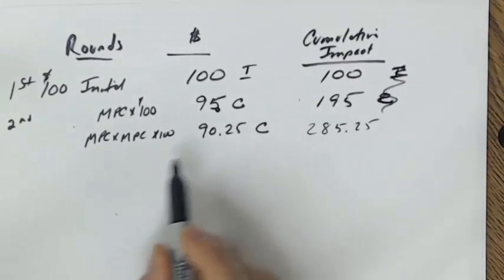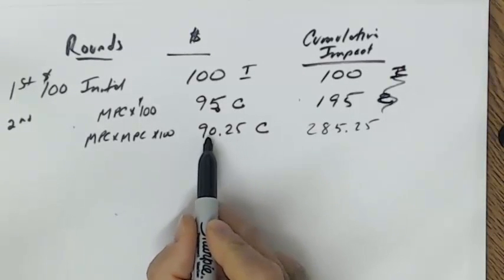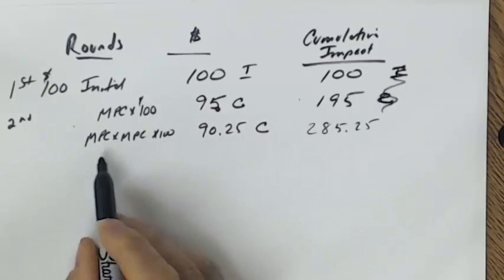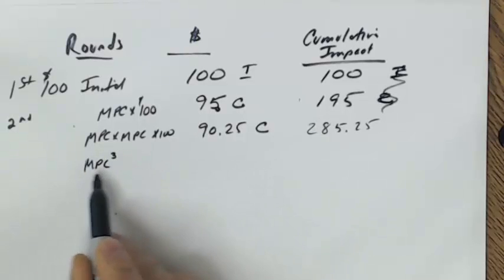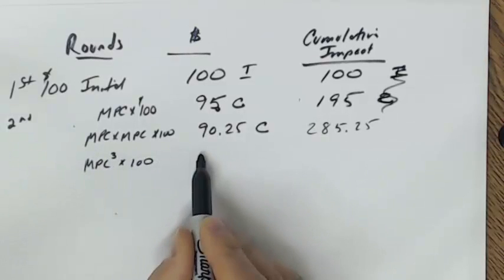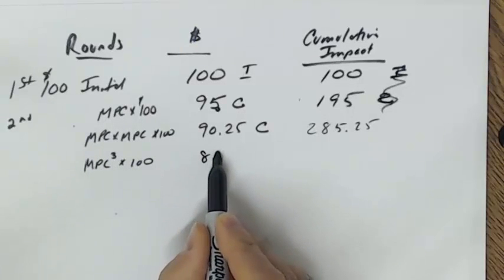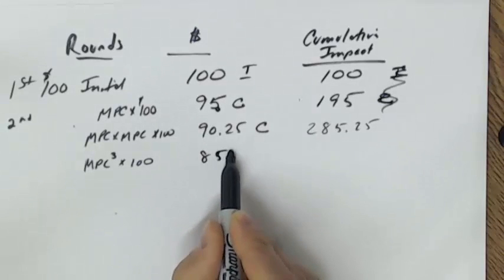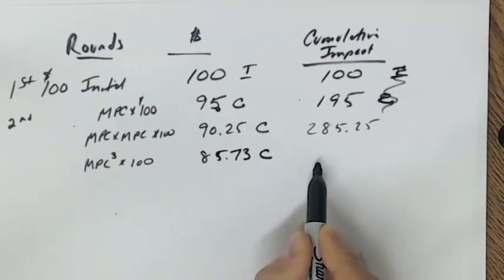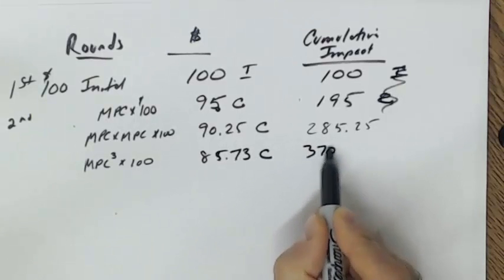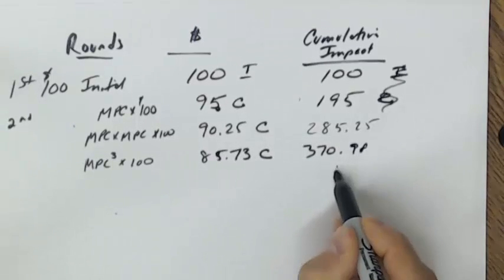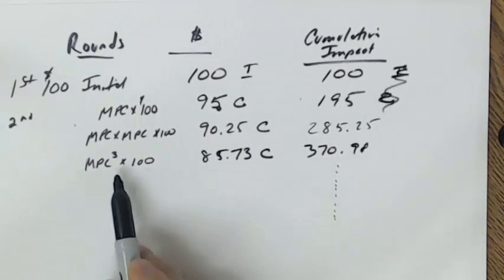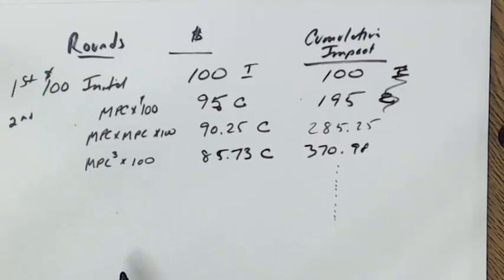Then it continues. 95% of this number gets spent on the next round, so it's MPC to the third power times the 100, which gives me $85.73 in additional consumption, and a cumulative impact of $370.98. And this continues until it gets smaller and smaller till there's nothing left.